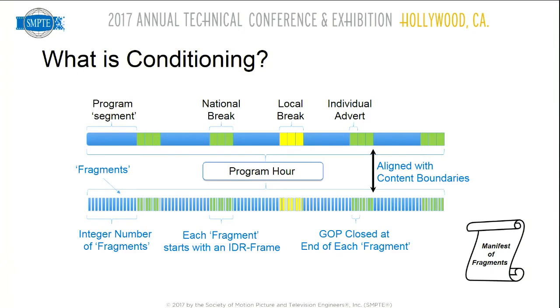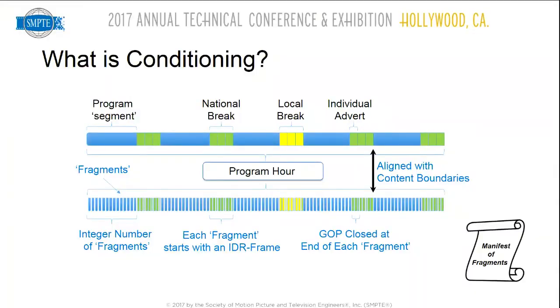And the idea is that for each segment that you'll find in the playlist, you want to end up with an integer number of fragments that exactly represent that program segment, frame to frame. Each fragment really should start with an IDR or a keyframe, so that you can start playback at that precise point.